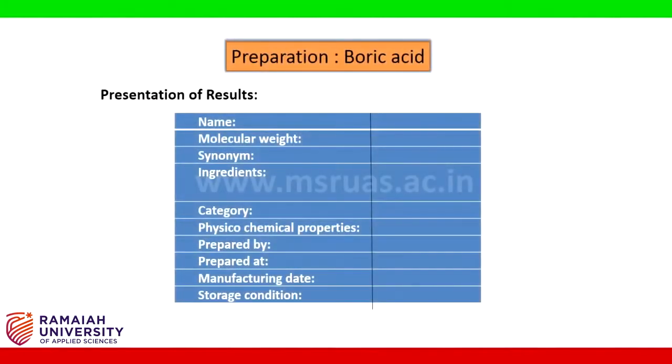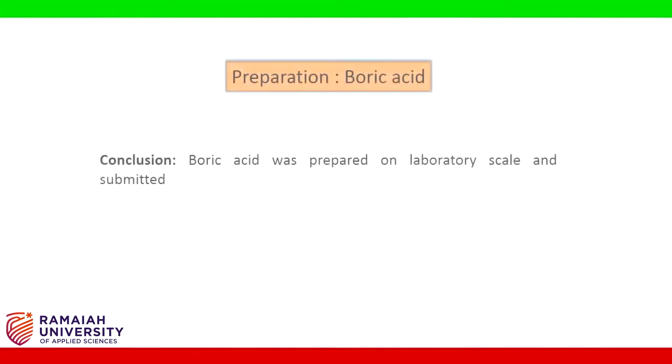The representation of the result is done in a tabular form: name, molecular weight, synonym, ingredients, category, physicochemical properties, prepared at, manufacturing date and storage condition. Conclusion: boric acid was prepared on laboratory scale and submitted.